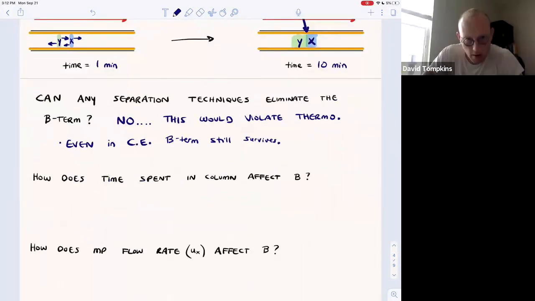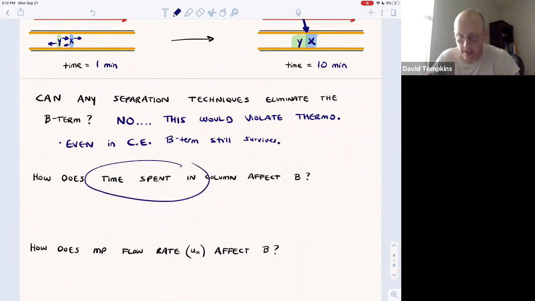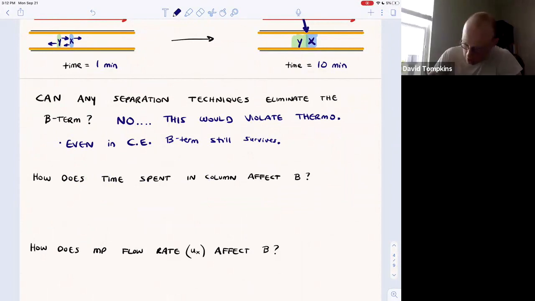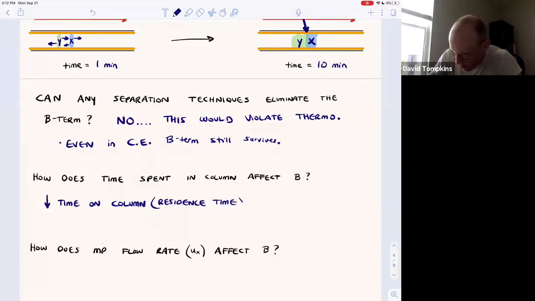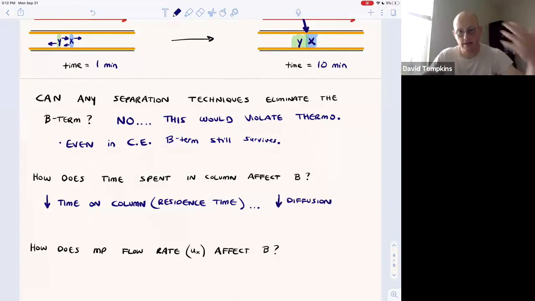So there are some different ways that we can try to minimize B. And one of those is by minimizing its time spent on the column, right? If you decrease time on the column, or the time that the molecules are in the mobile phase, also known as the residence time, then we're going to have less diffusion, because diffusion is simply an entropy-increasing process that extends and increases infinitely with more time.